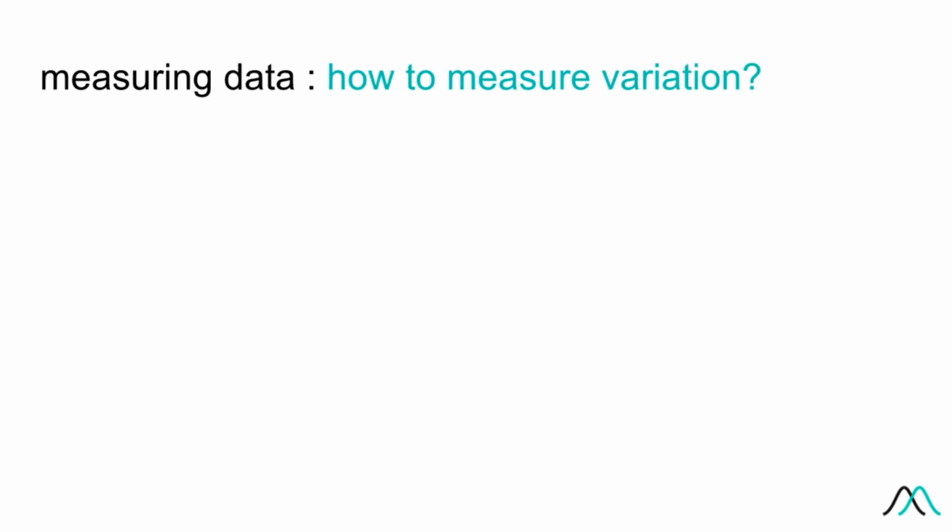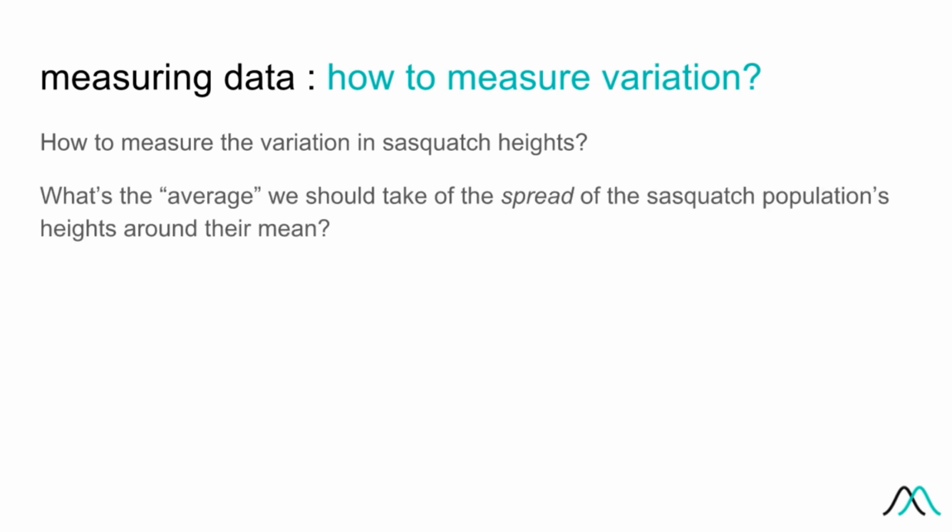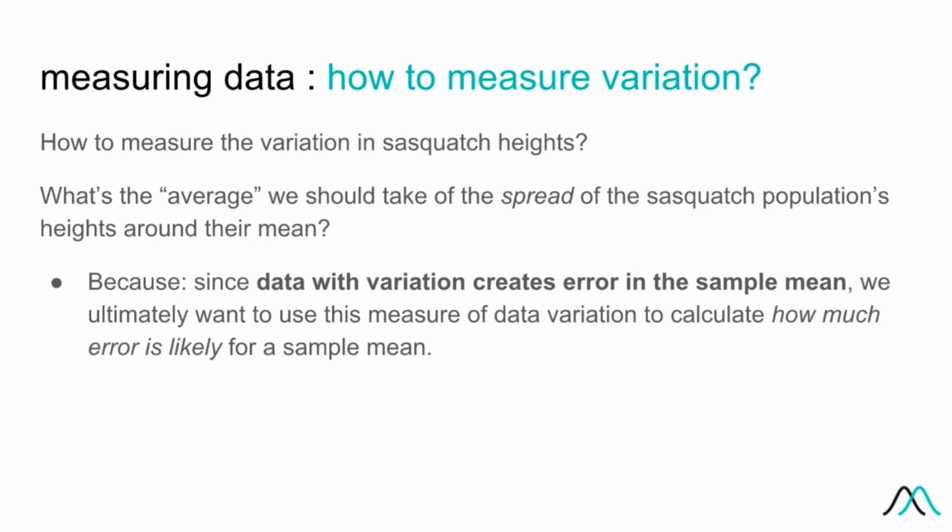So now we need to know how to measure the variation in Sasquatch heights. That is, what's the average we should use here to measure the spread of the Sasquatch population's heights around their mean? Because since, again, data with variation creates error in the sample mean, we want to use this measure of data variation to calculate how much error is likely for a sample mean.